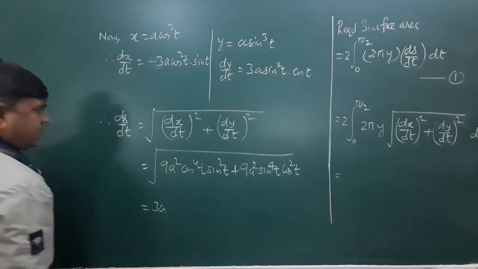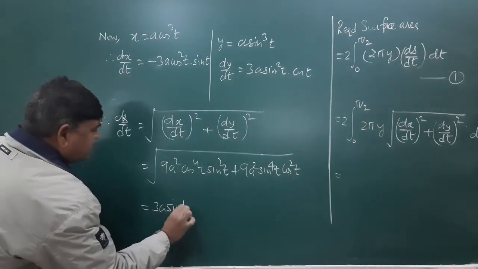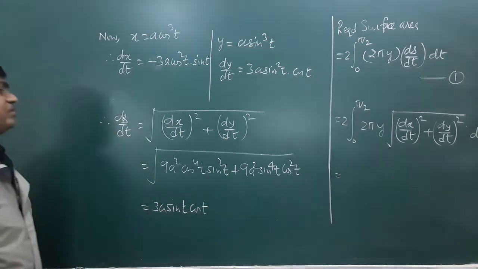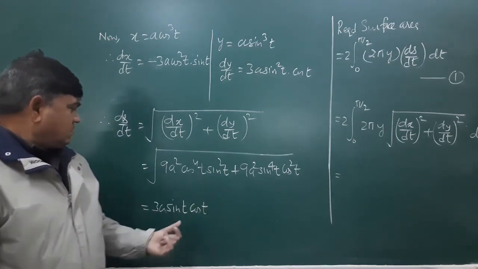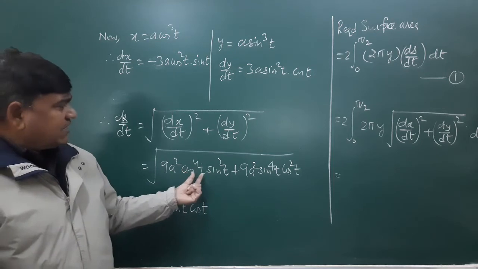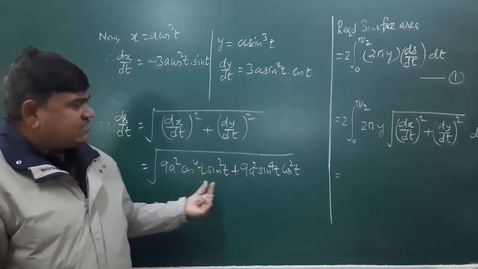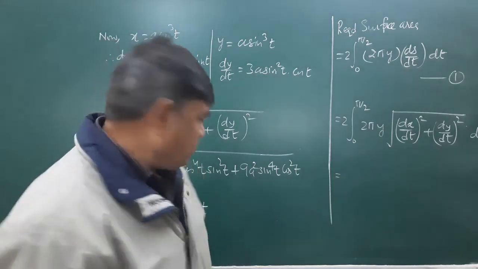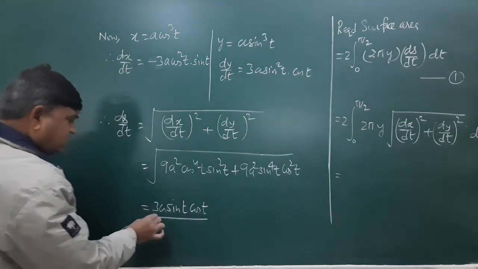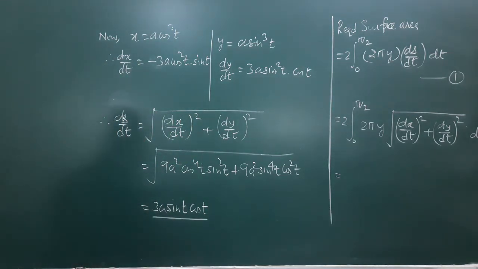So it is 3a sin t cos t. So cos square t, sin square t is common. So here cos square t is left and sin square t is left, so the answer is 1. So this becomes 3a sin t cos t. This is the value of ds by dt.